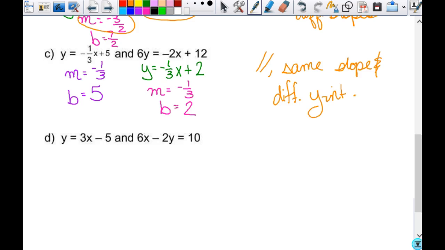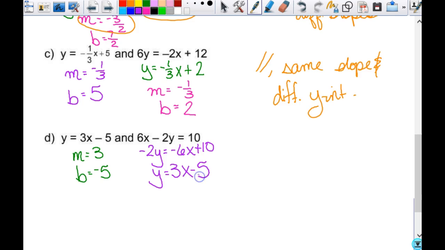Here, do I really have to do any work? No. So slope is 3. Y-intercept is negative 5. Then here, I'm going to have to move this over, so I get negative 2y equals negative 6x plus 10. So y equals 3x minus 5.